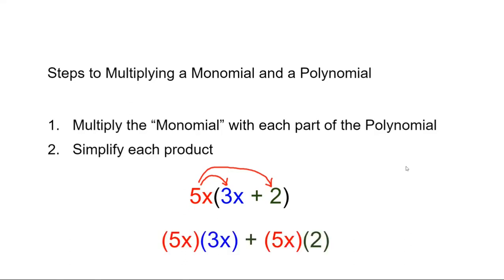That would be like multiplying 5x times 3x and then adding the product of 5x and 2. This is a great way to break down this problem into a way that's more manageable. Now we're just taking the product of these two monomials and we're adding it to the product of these two monomials. Let's take a look at some sample problems.